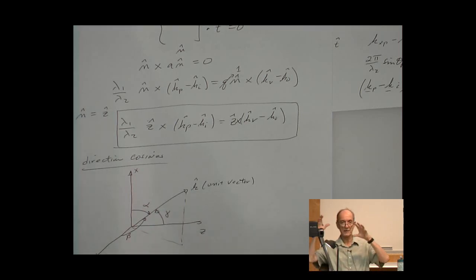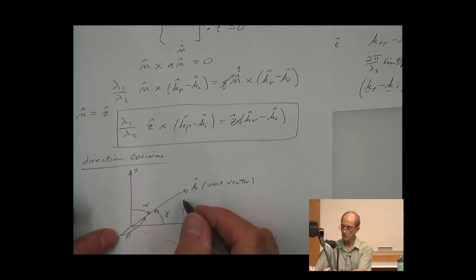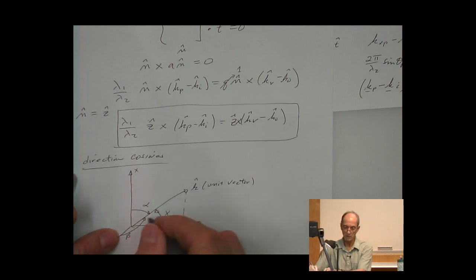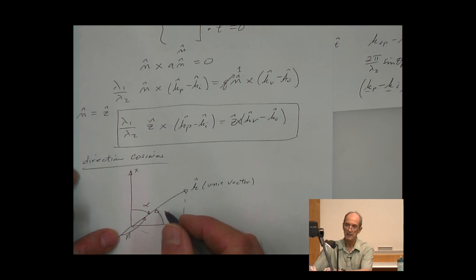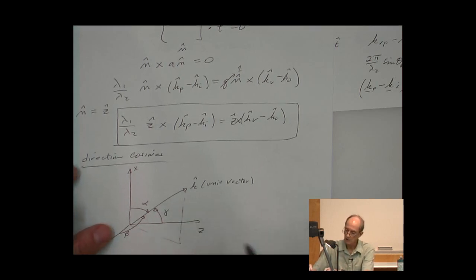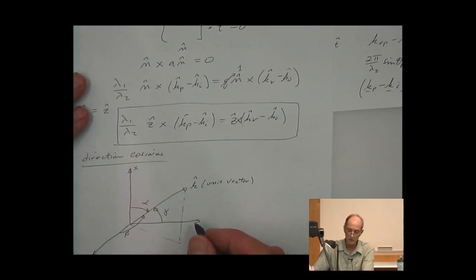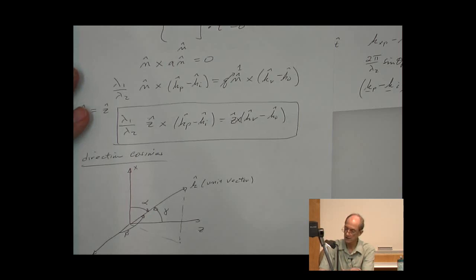These are in 3 dimensions, so they're not in that plane. Wherever you have this vector, it doesn't matter where it is, you can place a value of this beta that goes directly to that vector. And so the direction cosines are the cosines of these 3-dimensional angles that we have.